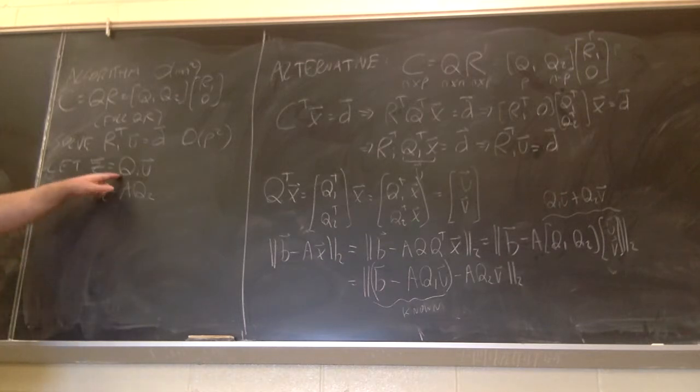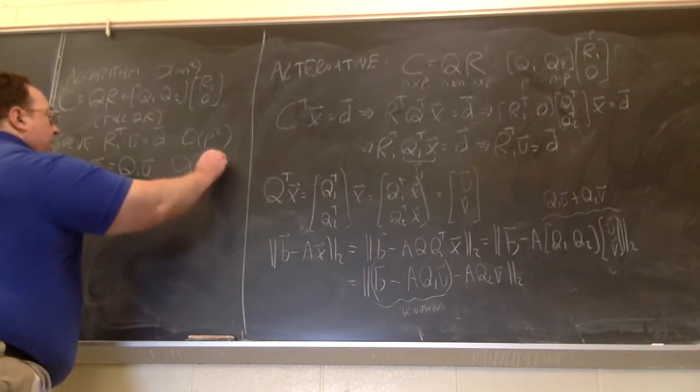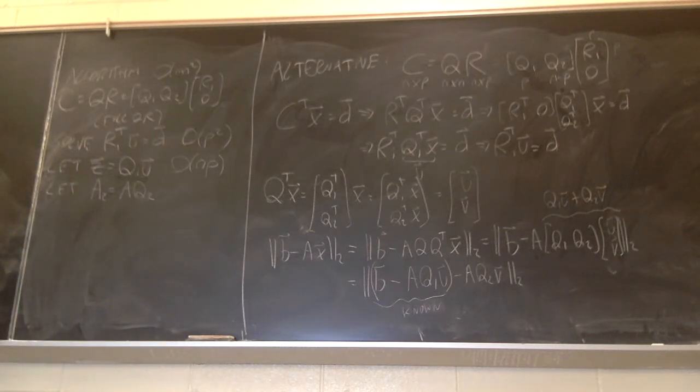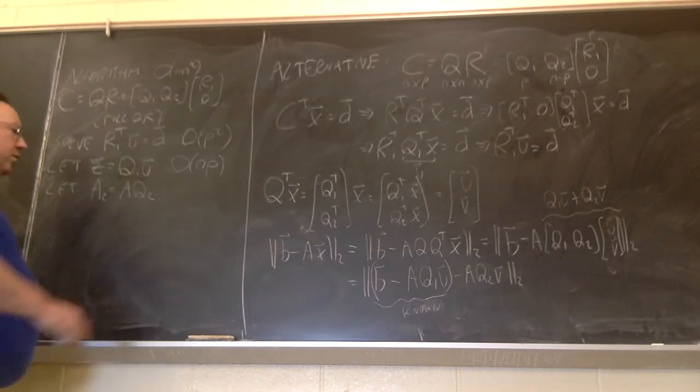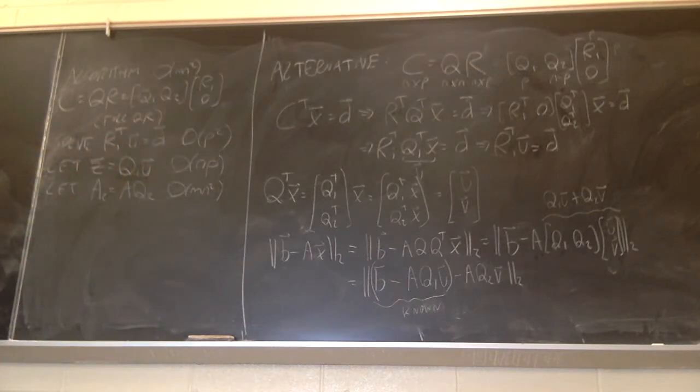Now, Q1 is going to be n by p. U is a p vector. So this is going to be order np operations, so it's pretty cheap. This is going to be more expensive, multiplying a matrix here. A is m by n, and Q2 is n by n minus p. So this is order mn squared, same as the QR factorization. So that's one of the more expensive parts of this.